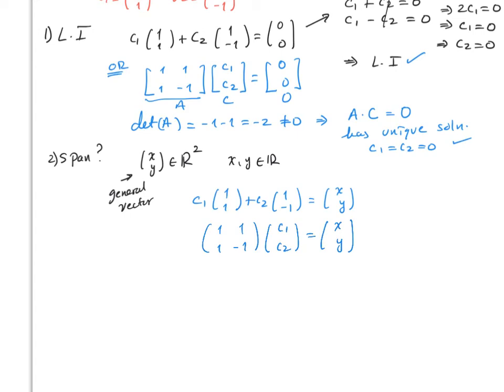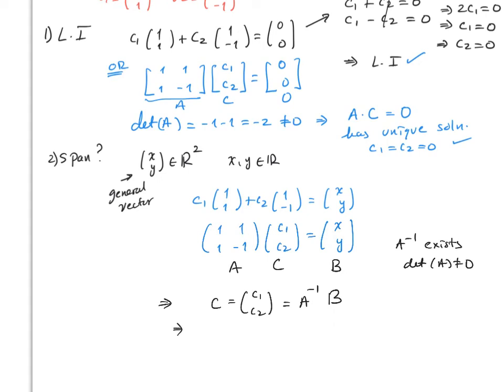So we can say this is the system AC equals B. Since A inverse exists, because the determinant of A is not equal to 0, that implies that C, which is [c1, c2], will have a unique solution all the time.